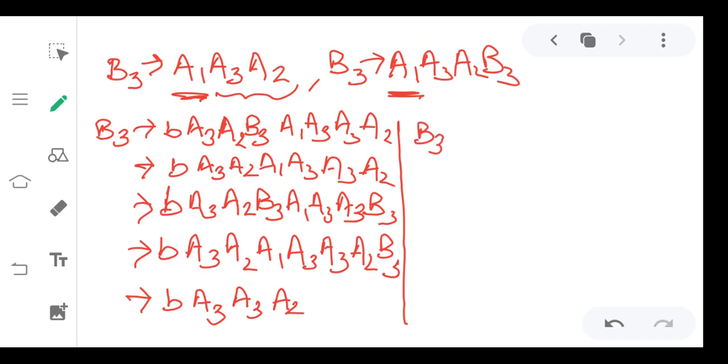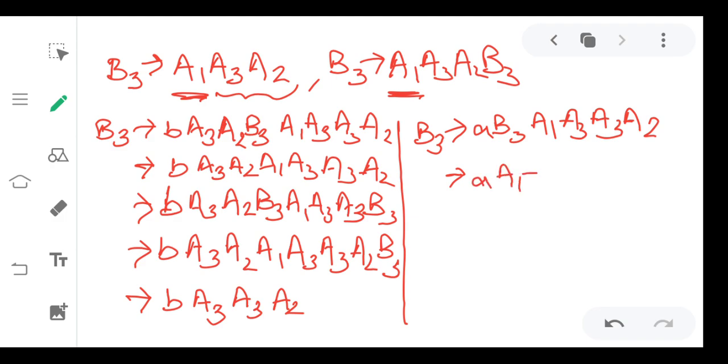So B3 produces, so I will write everything, you can check later. So like this you have to write all the productions. You have to replace A1 by A1's production.